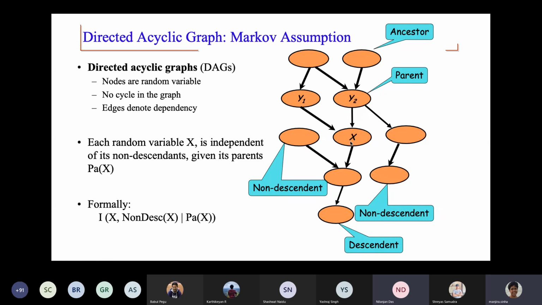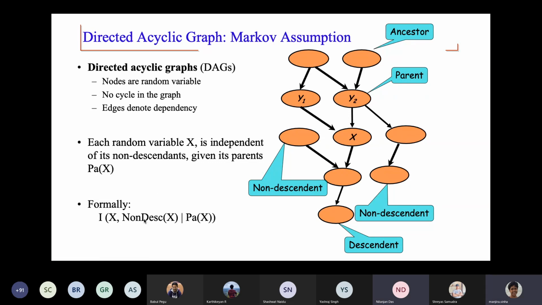So we can treat the directed acyclic graph as a set of states. These states generate these states. These states are caused by these states, and the Markov assumption says that this x is only conditioned on its parents and is independent of the non-descendants.